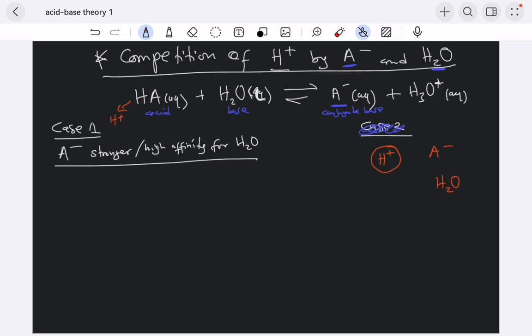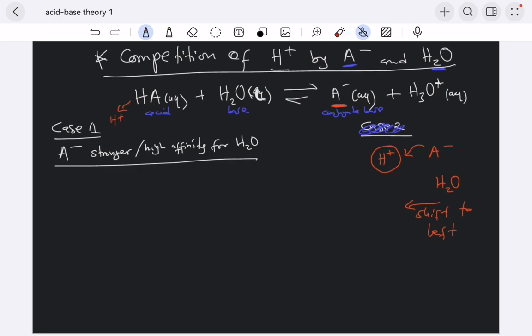If it happens that A negative has more affinity for the proton, it means that A negative will react with the proton, and this means that the reaction will shift to the left. This is at equilibrium.